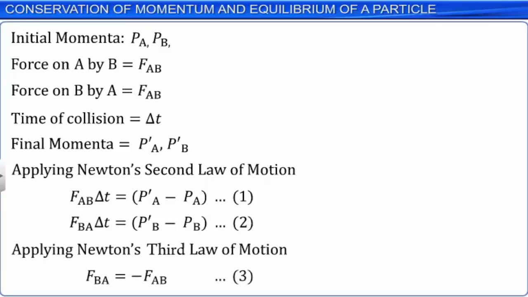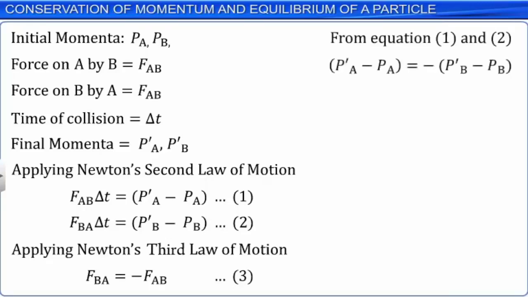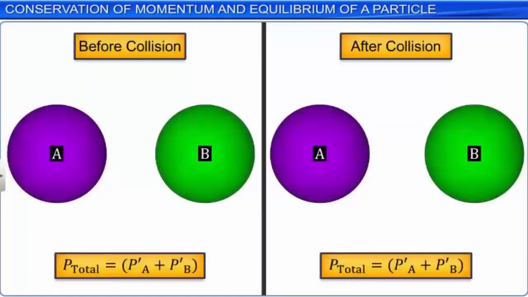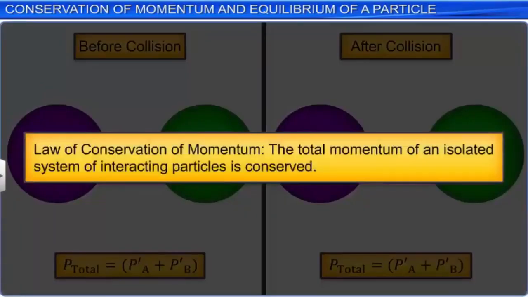Substituting the values from equations 1 and 2 in equation 3, and resolving, we get Pa plus Pb is equal to P dash A plus P dash B. This shows that the total momentum before the collision is equal to the total momentum after the collision. This proves that the law of conservation of momentum holds true for all isolated systems.